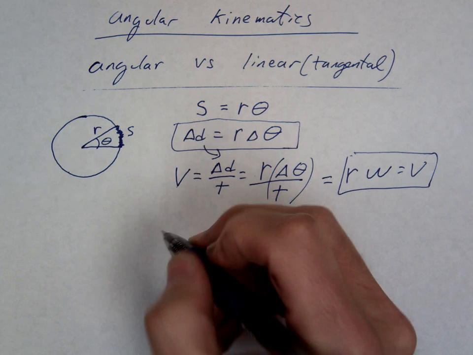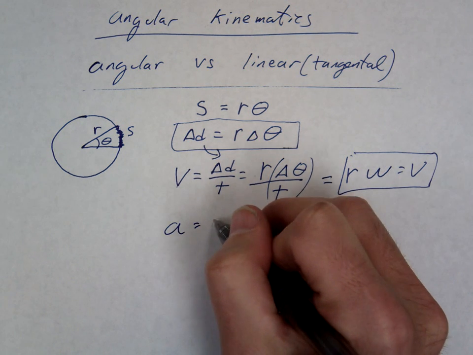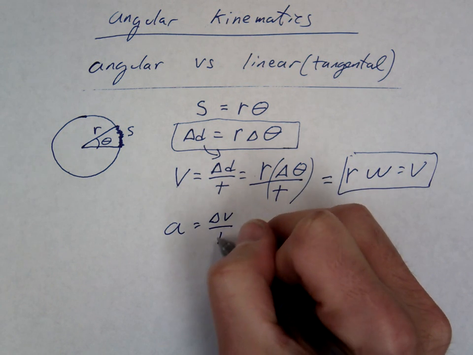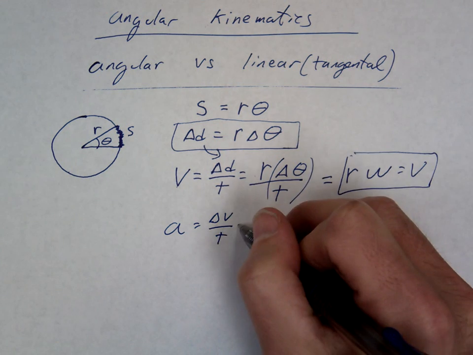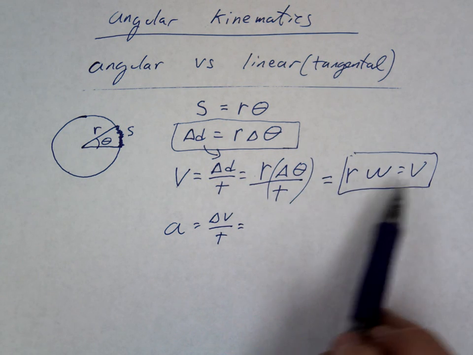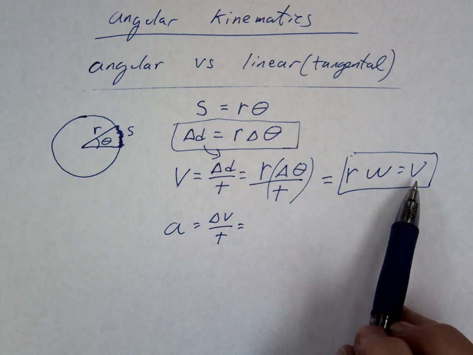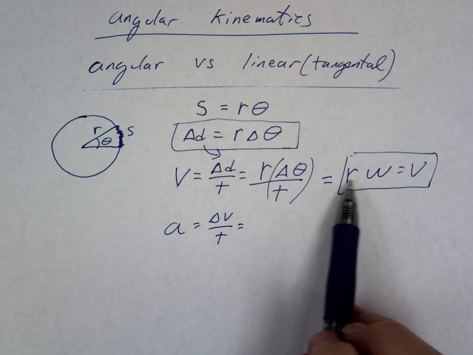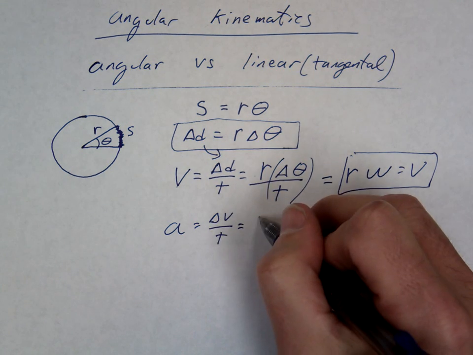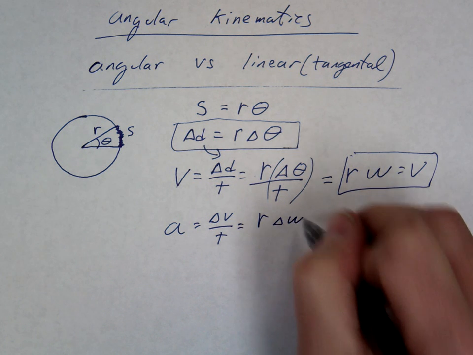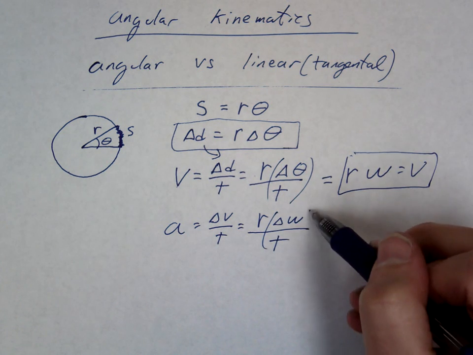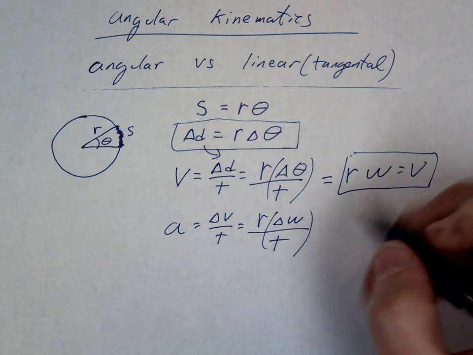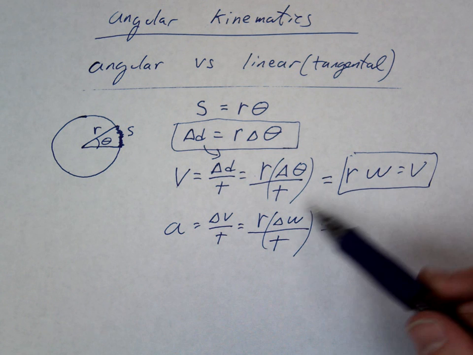Well, let's look at the acceleration. We know acceleration is delta V over t. Well, delta V we just said was r omega, so delta V would be r delta omega. Well, let's just group this differently. And what is delta omega over t?